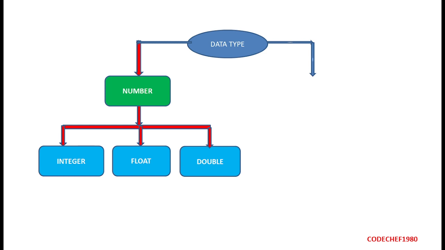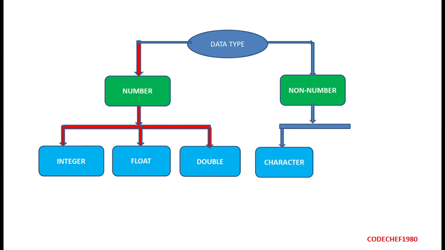Then another kind of data type is non-number, in the sense that it is not a numeric type, and is about processing the values as per the given input data. Here you can find character and also the string type.